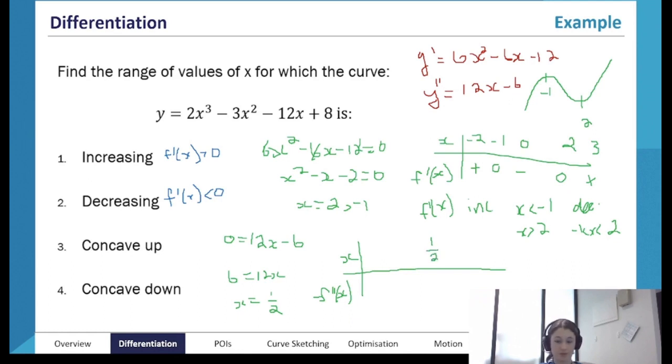Then we're just going to pick two values on either side. So we're going to have 1 and 0, because these are the simplest ones. So at x equals 0, our second derivative is going to be negative. It's going to be 0 at a half, and then at x equals 1, the second derivative is going to be positive.